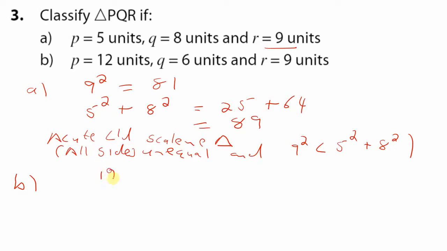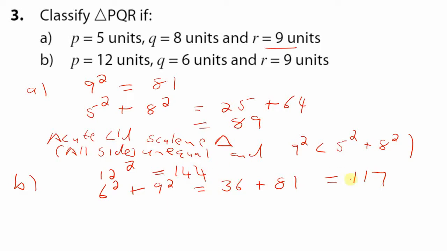So the longest side squared is 12 squared, which is 144. Two shorter sides, we have 6 squared plus 9 squared. 6 squared, 36. 9 squared, 81. 36 plus 81, 117.